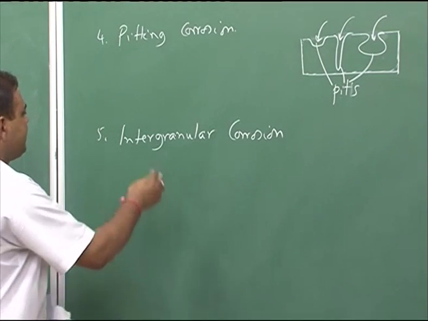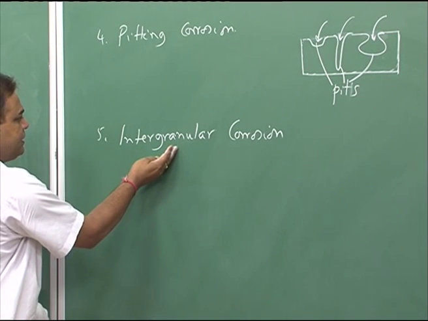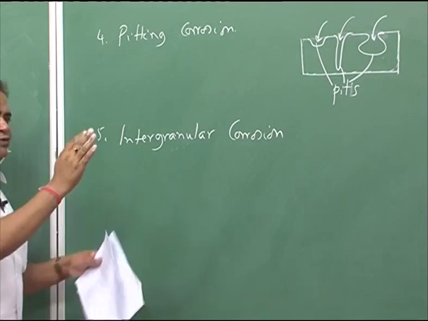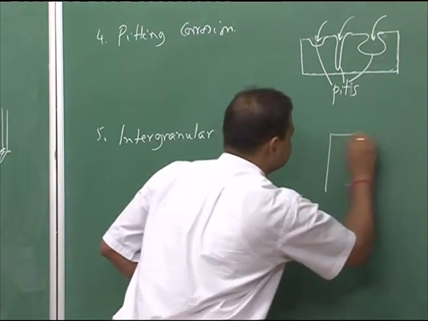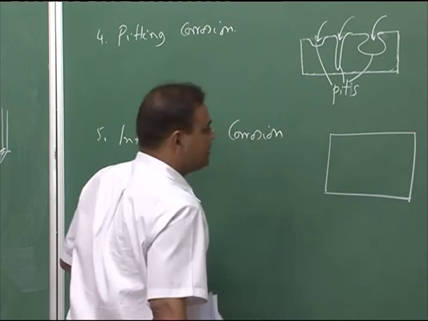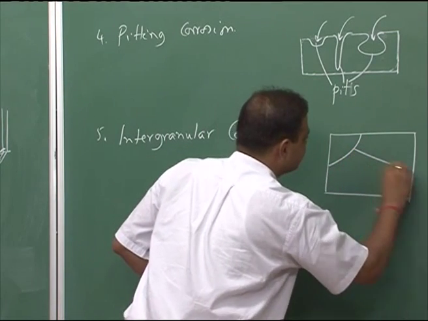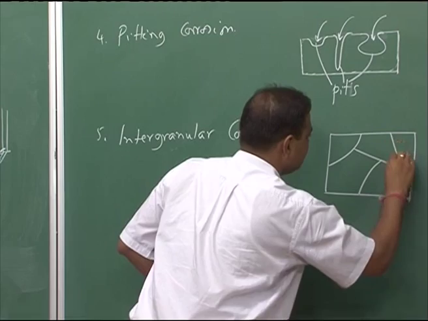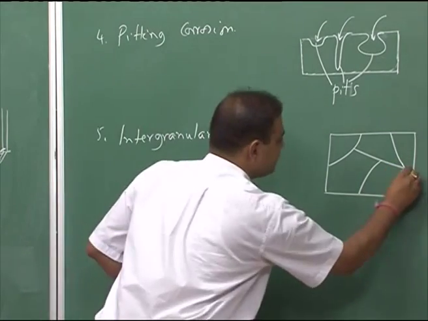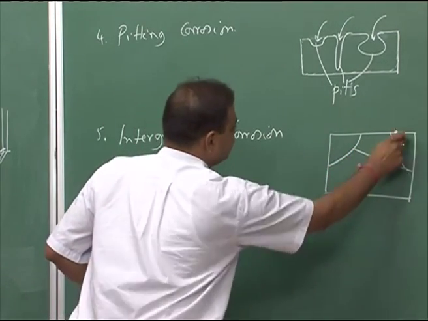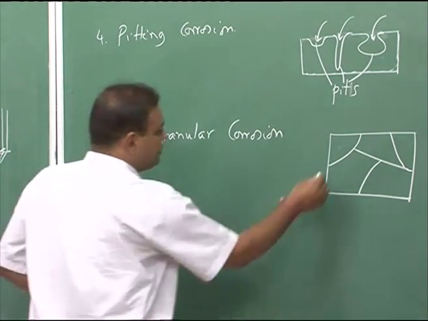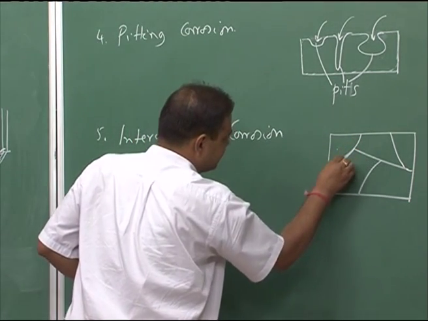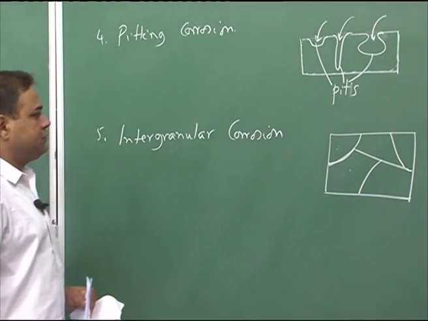Intergranular corrosion, as the name suggests, means between the grains. If we have a metal body, it is generally polycrystalline, and each is an individual grain, and two grains are separated by a grain boundary.